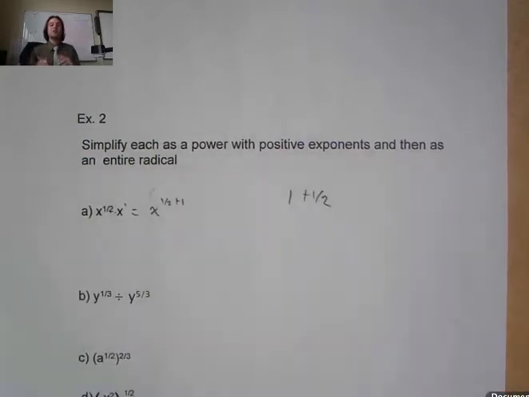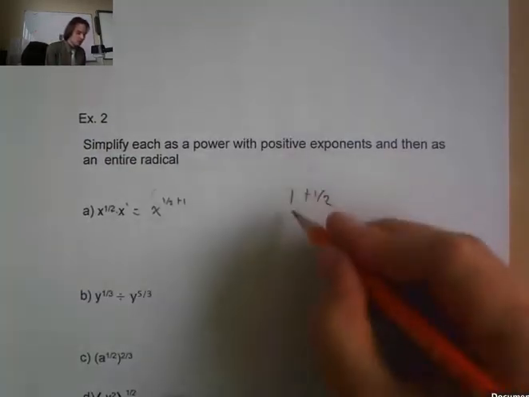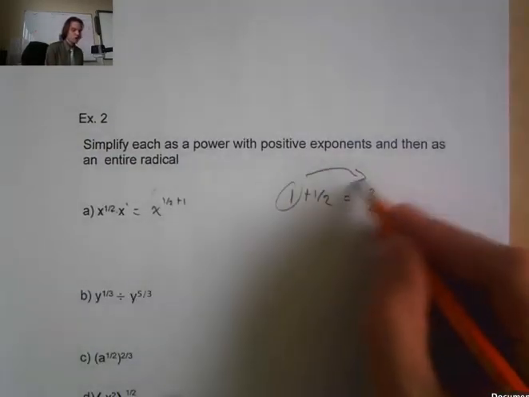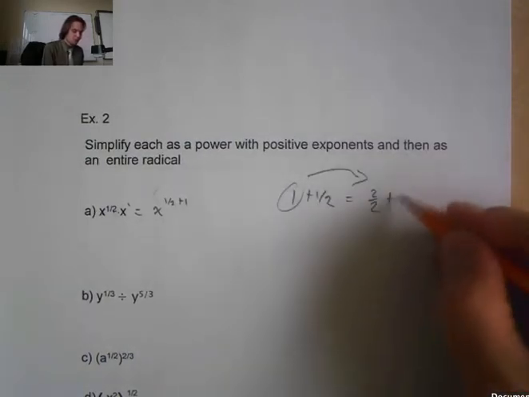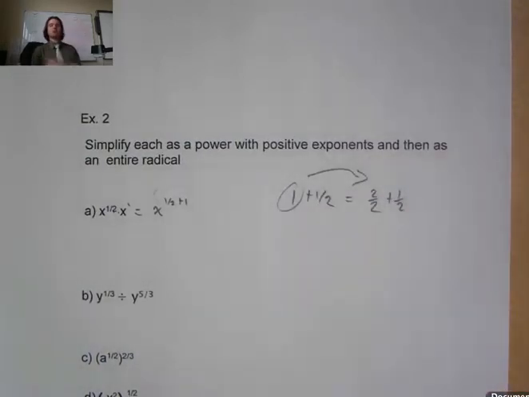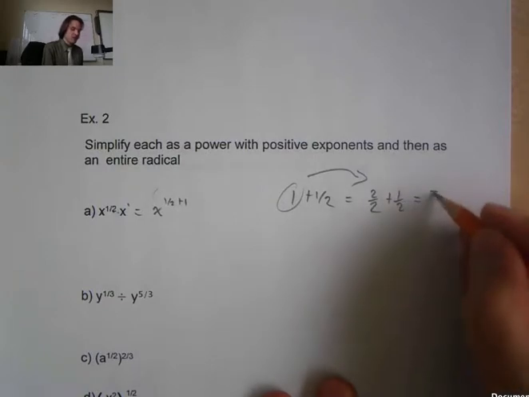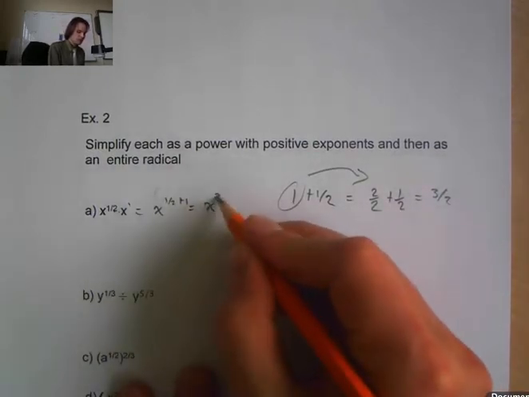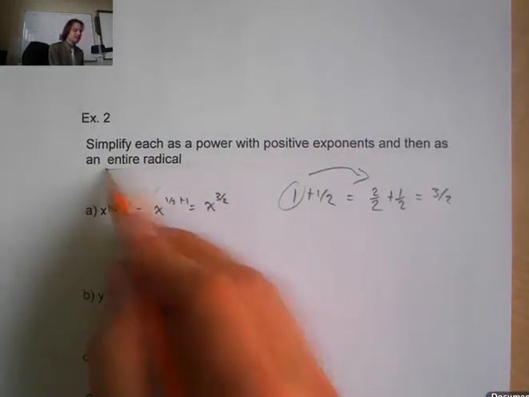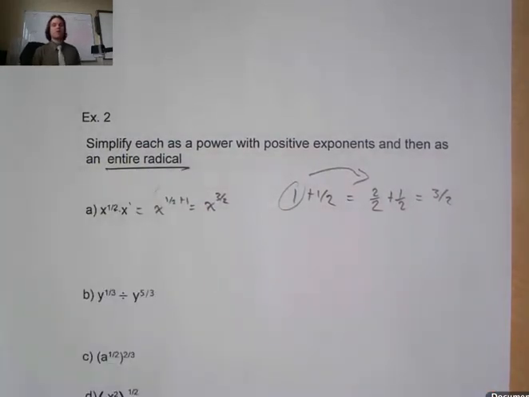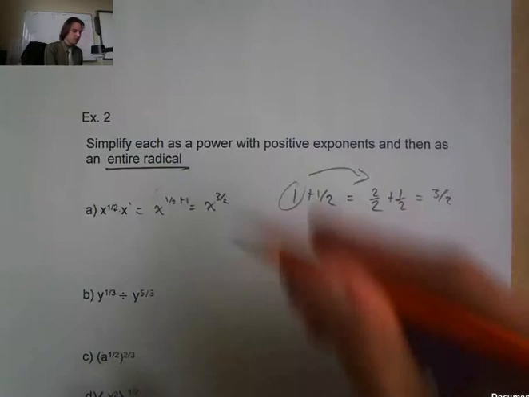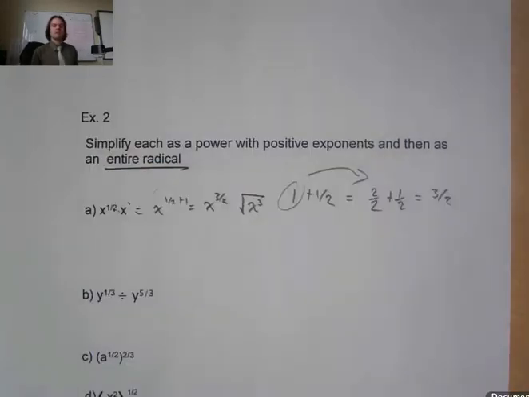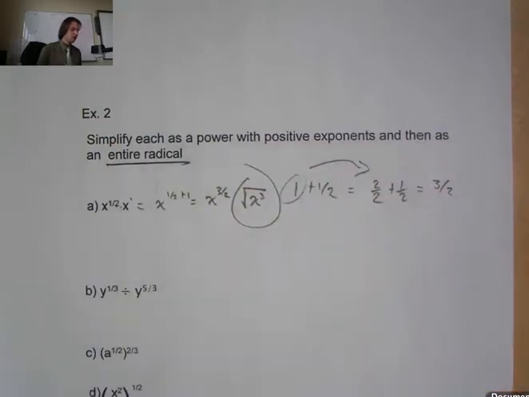That means we must have common denominators. So this is the same thing as 2 over 2 is the same as 1, isn't it? Plus 1 over 2. So 2 halves plus 1 half will give me 3 halves. So this is the same as x to the 3 over 2. Now it wants it as an entire radical. We have an exponential form, now we want it as a radical. So that's going to be square root of x to the power of 3. That's it. Here's my final answer.